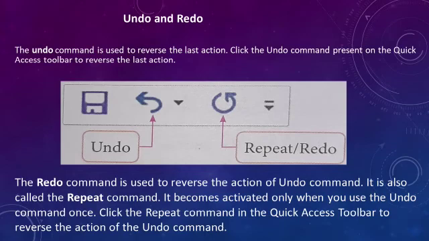It is also called the Repeat command. It becomes activated only when you use the Undo command once. Click the Repeat command in the Quick Access Toolbar to reverse the action of the Undo command. That means we can use Undo and Redo commands hand in hand.